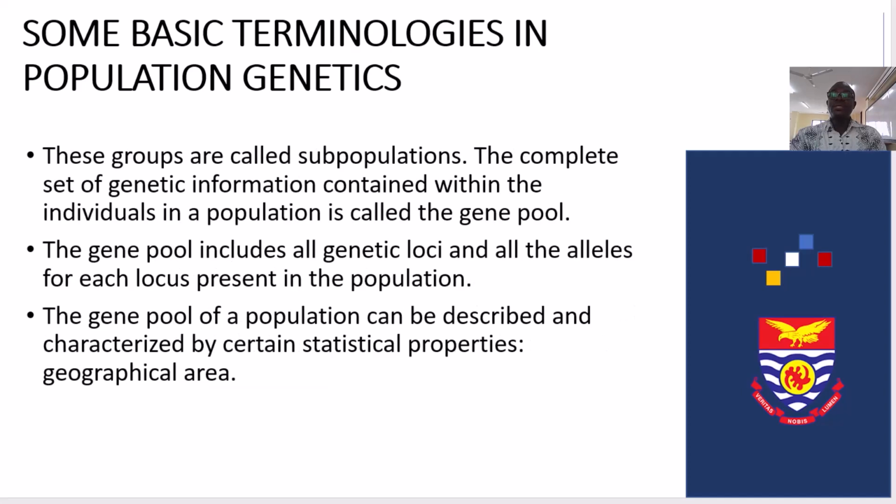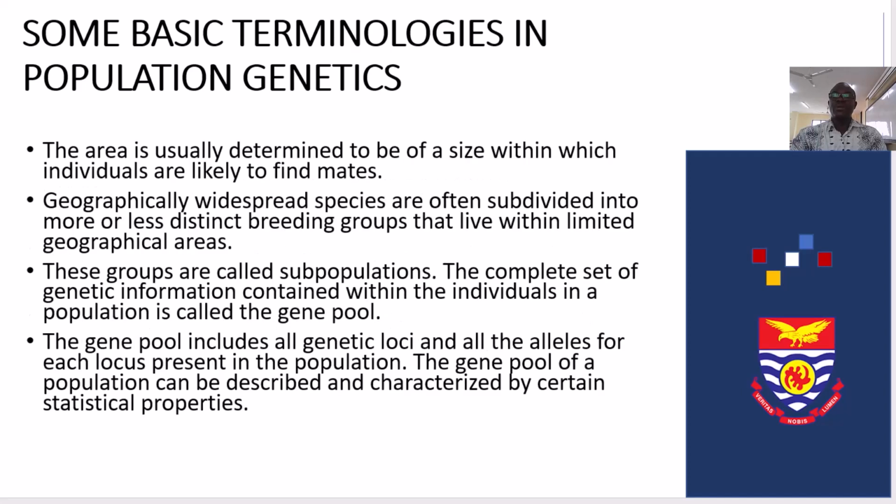The complete set of genetic information contained within the population is called the gene pool. The gene pool includes all genetic loci and all the alleles for each locus present in the population. The gene pool of a population can be described and characterized by certain statistical properties.